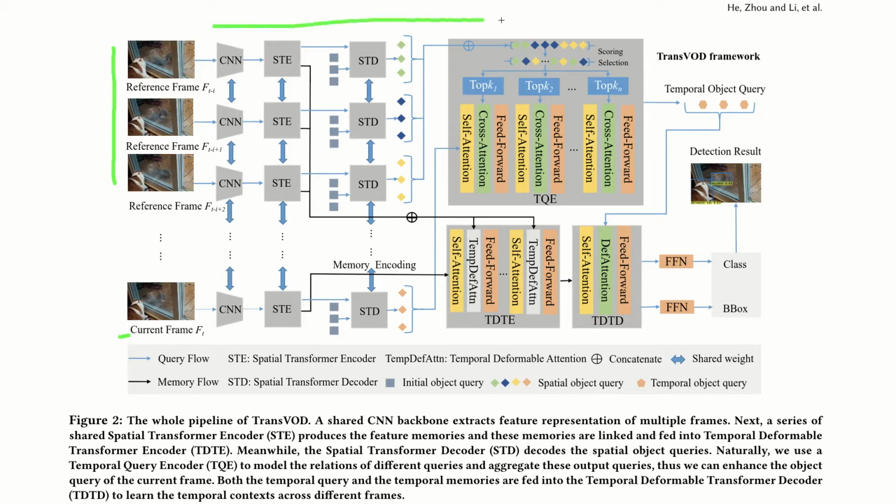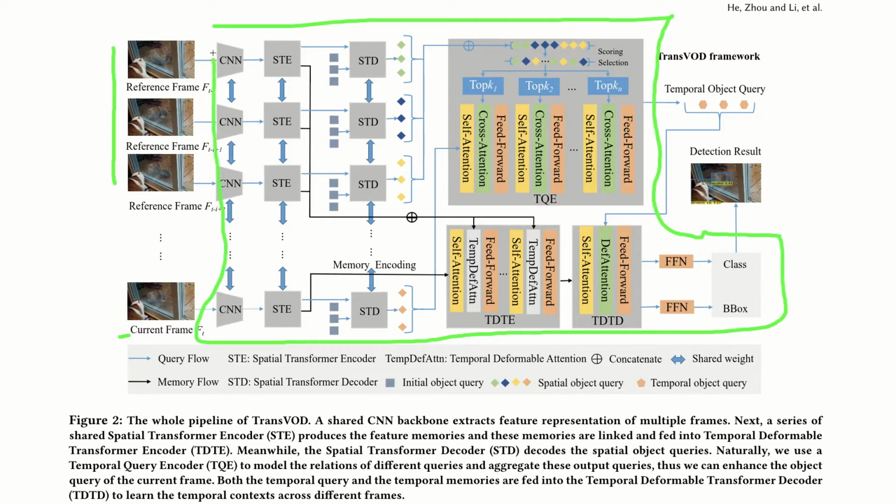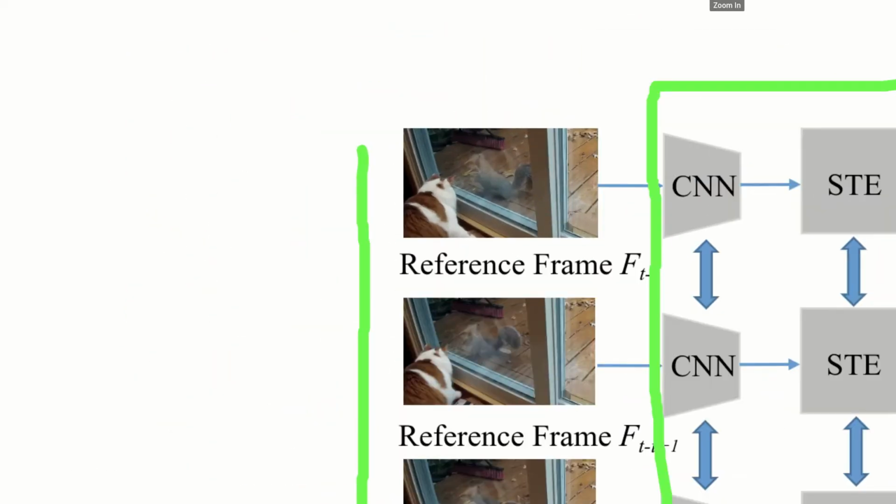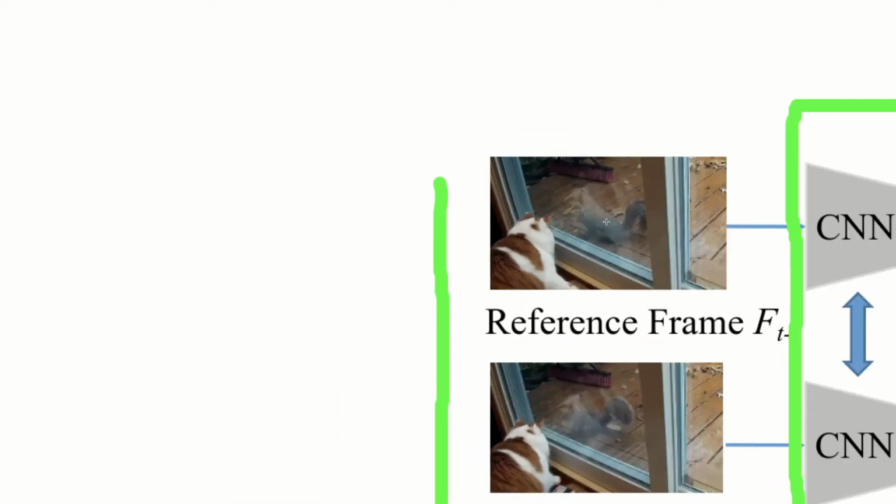Then we have the whole detector here and the output results demonstrated there. On the left side we see a quite funny example actually, because we have here a cat at home which is staring at a squirrel in the garden.